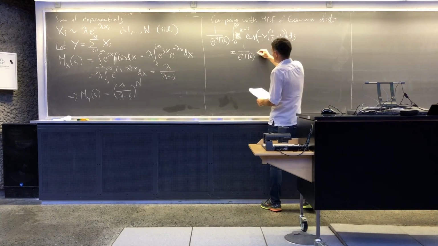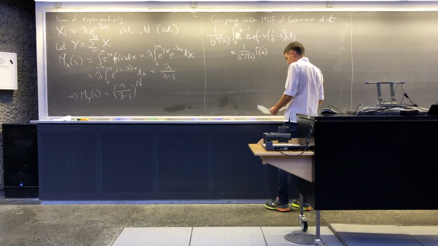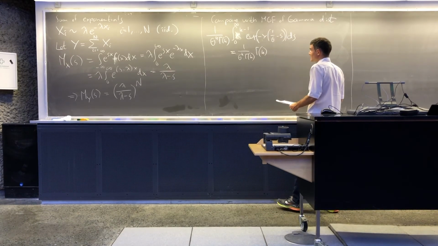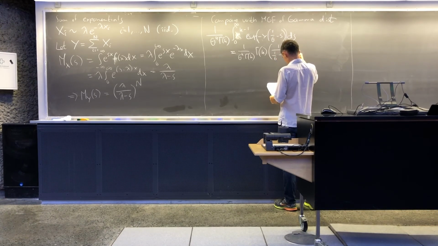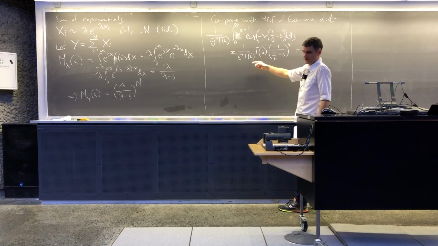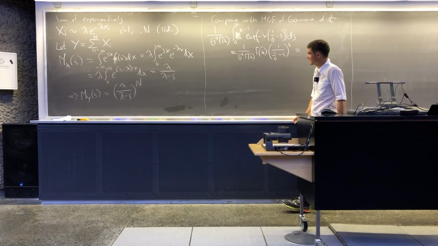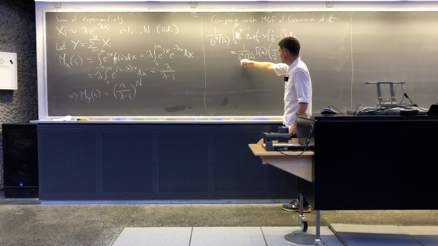When I solve it, I use my tables of special function integrals, so definite integrals of exponential and rational functions, and I will find something like this. Those two gamma functions of k cancel against each other. And this one I can put in here, theta to the power of k.